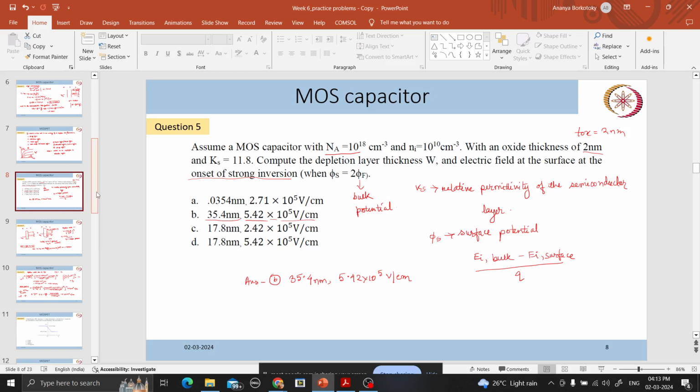The oxide thickness 2 nanometer, so that is not required. But if we want to calculate the capacitance or the threshold voltage, then we need these information. Okay. So you already have these other parameters Na, Ni. Then maybe you can try to find the oxide capacitance and threshold voltage and all those terms.